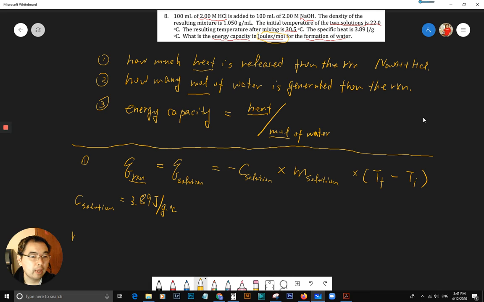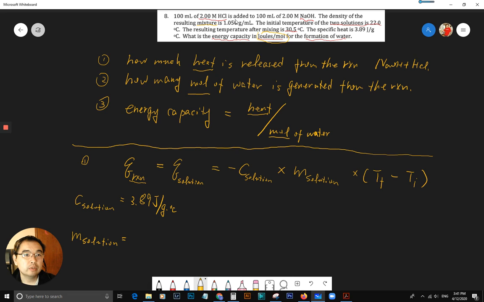For the mass of the solution, we need to do a little calculation. The final solution is made from the sodium hydroxide solution and the HCl solution. The question also tells us the density of the resulting mixture is 1.05 grams per milliliter.